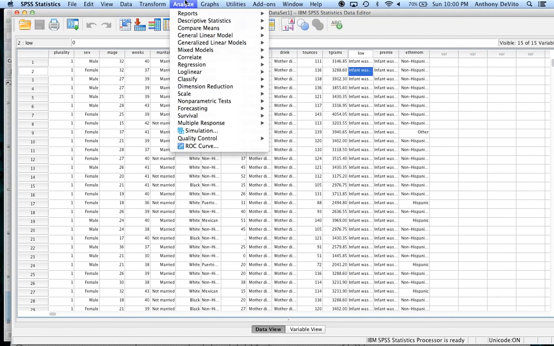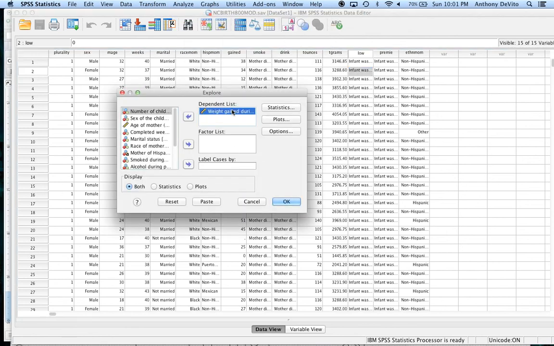So I'm going to go to Analyze, Descriptive Statistics. Since we're looking for this expanded group of statistics, I'm going to click Explore. And weight gain during pregnancy is already in the dependent list. That's what we're going to analyze. But now we want to break it up into two groups based not on the age of the mother, but on the sex of the child.